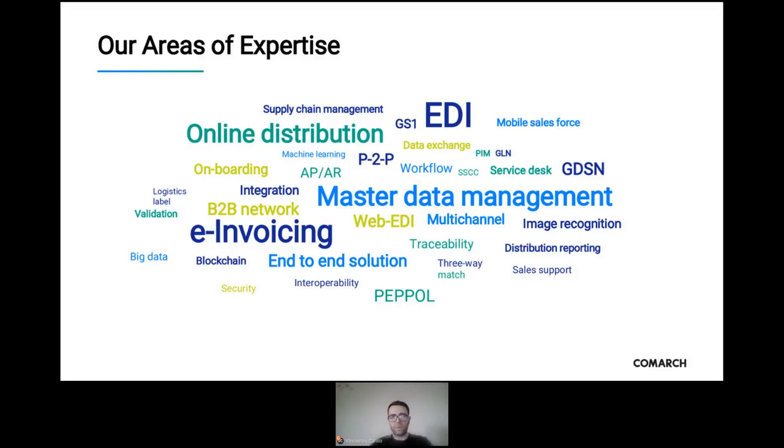And before we discuss electronic data interchange, I would also like to mention that here at Commerce, we have a lot of experience in data exchange and document management with core solutions like electronic data interchange and also invoicing. That's currently one of the hottest topics in many countries worldwide.